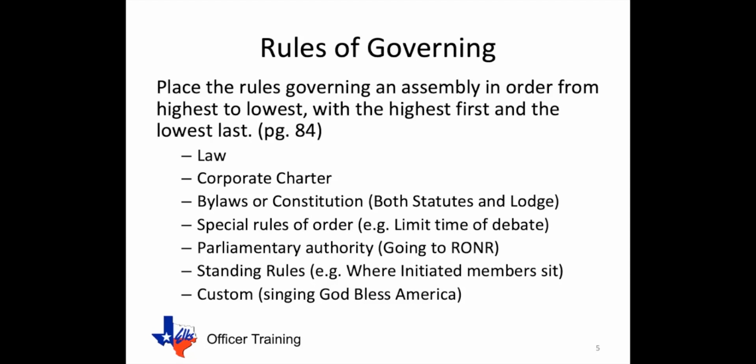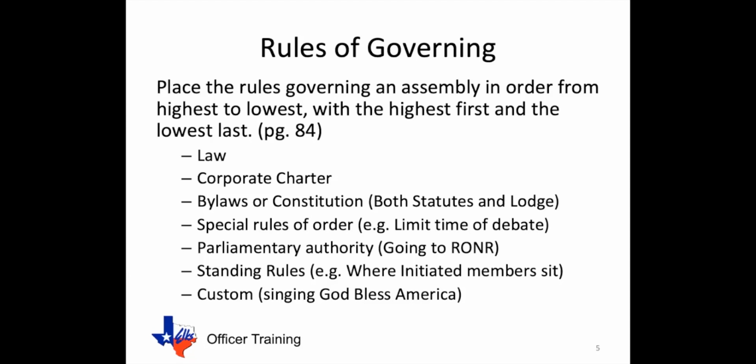It's a legal document that sets forth a corporation's basic information, such as its location, profit, nonprofit status. Our corporate charter is located in Appendix 5 or Appendix V in our statutes document and goes way back.